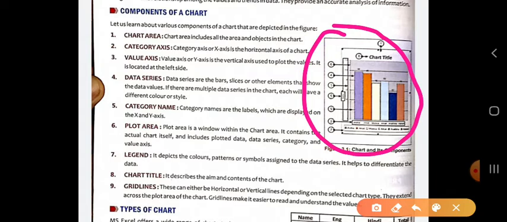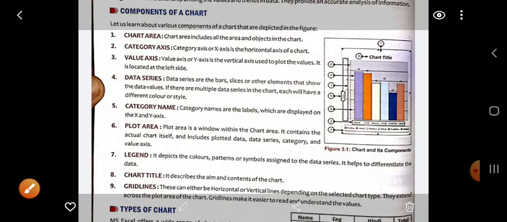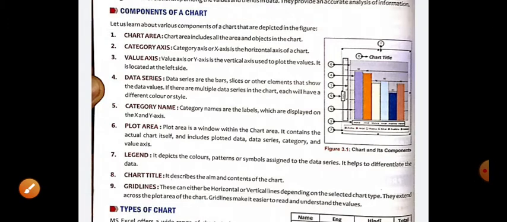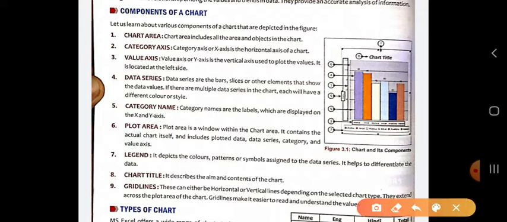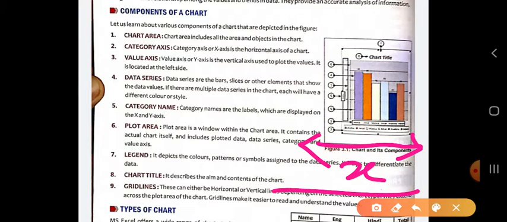Then after that you have category axis. What is category axis? In mathematics, you know, this is known as the x-axis and this is horizontal, so it is known as the category axis.